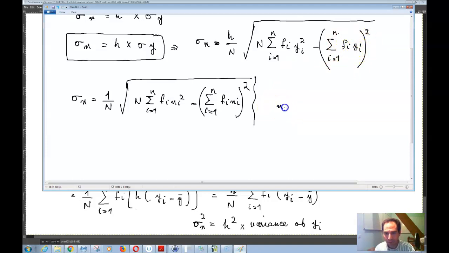We had x of i in our data, and then we subtracted a from x of i, got x of i minus a, and then divided that by the class size, which was h, and that gave us y of i. So that is where y of i comes from in this formula, and that's the whole story.